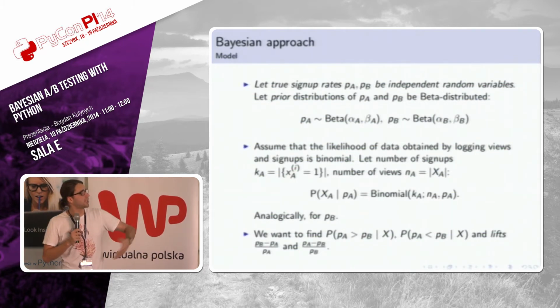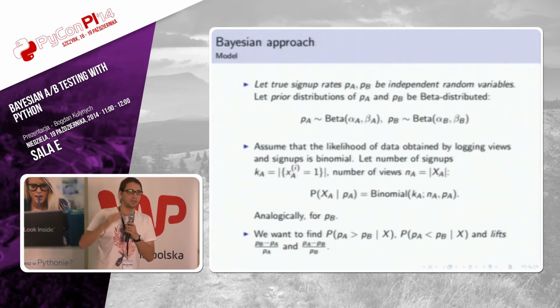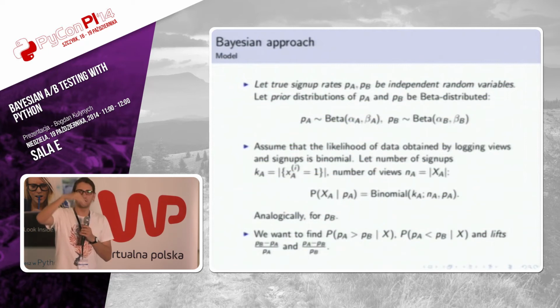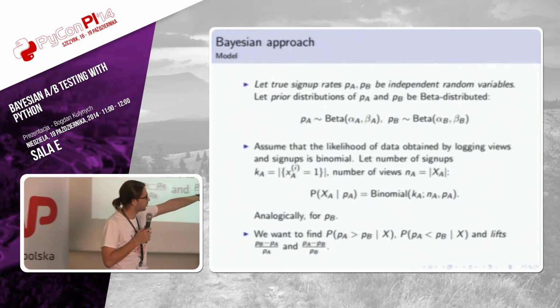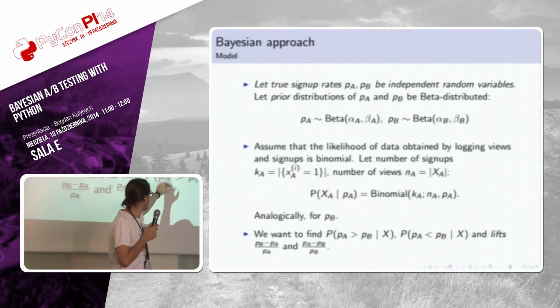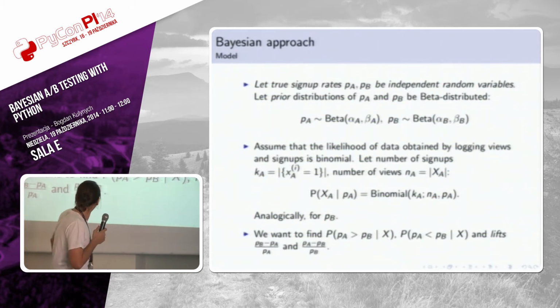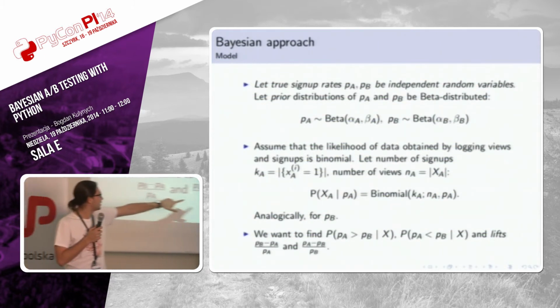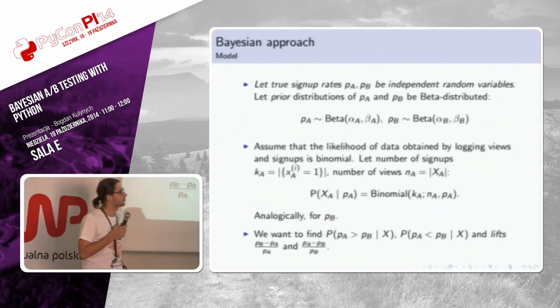Then when we obtain data, this distribution changes, and it reflects our change of belief in the values of the parameters. So to conduct the test, we want to find the probabilities that variation A's sign-up rate is better than variation B's, and vice versa. And also lifts, which are distributions now, since these are random variables.